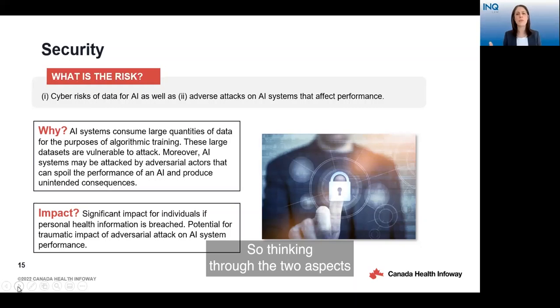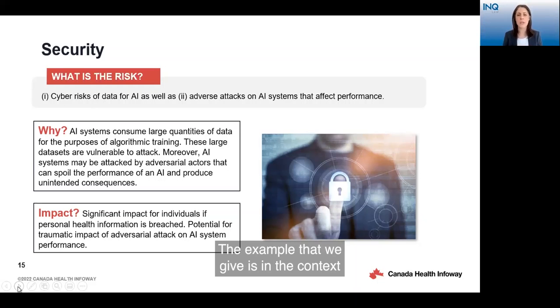So thinking through the two aspects of data protection and of AI security, the one being the data that you're actually using to train the system, and then the second being the integrity of the system itself, such that it's not being attacked and that it is well preserved.